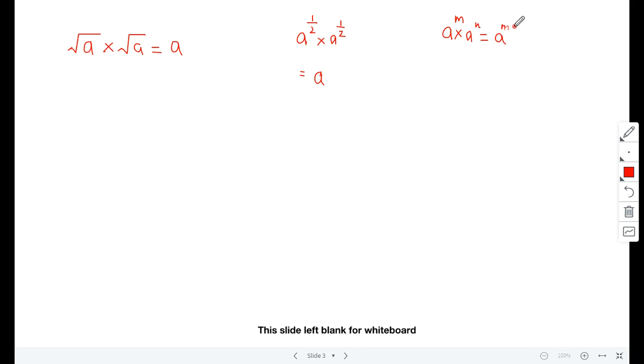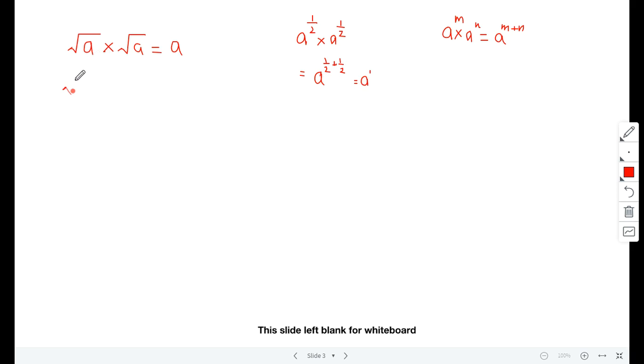You have to add them. Yes, that means it's a to the power 1 over 2 times a to the power 1 over 2, which means 1 over 2 plus 1 over 2. That means it's a to the power 1, or simply a, and that's the same. That's why root a multiplied by root a is equal to a.